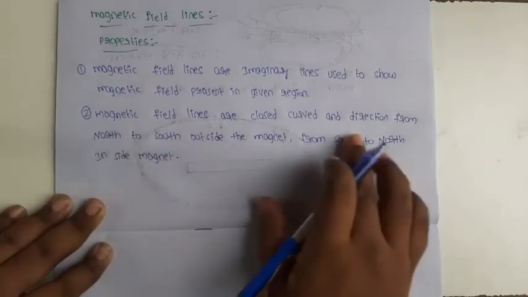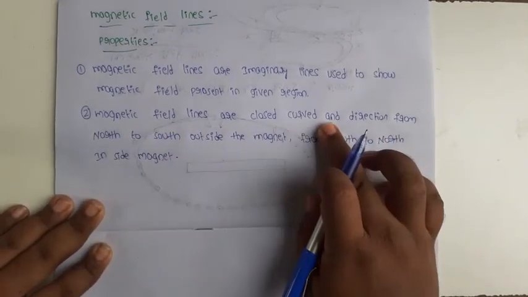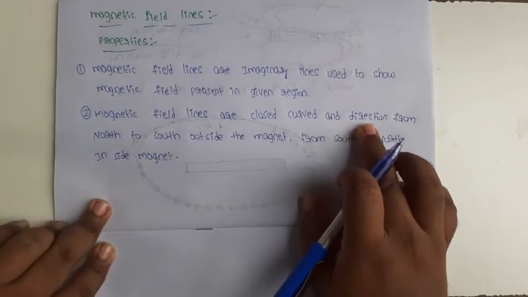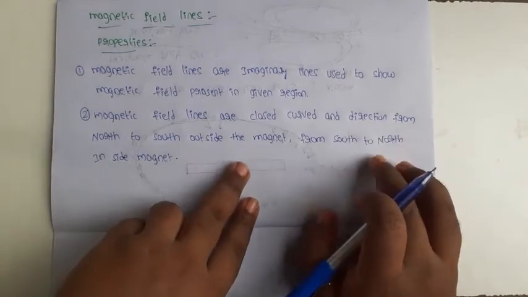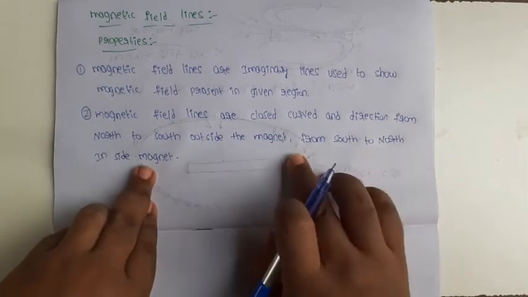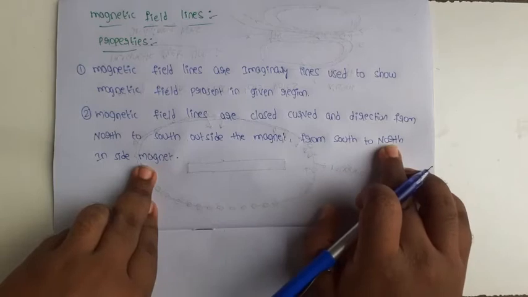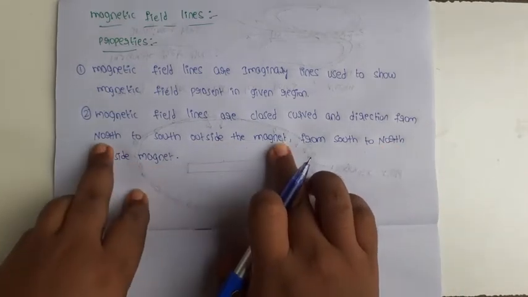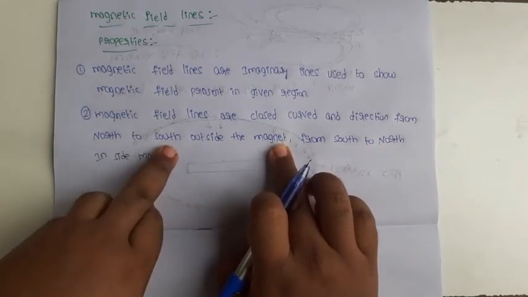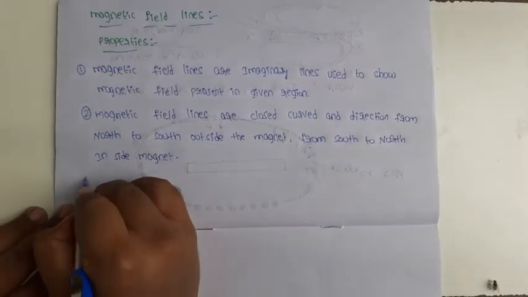Inside the magnet, the direction is south to north. Outside the magnet, it is north to south. A very, very important point.